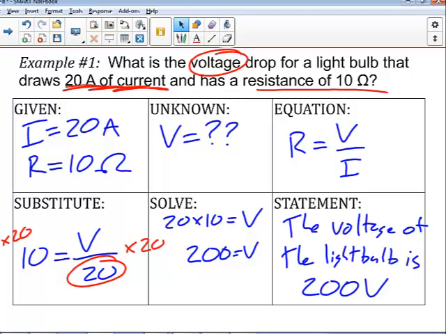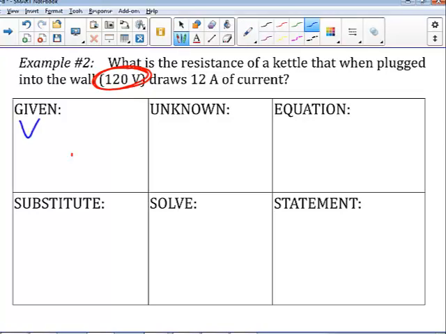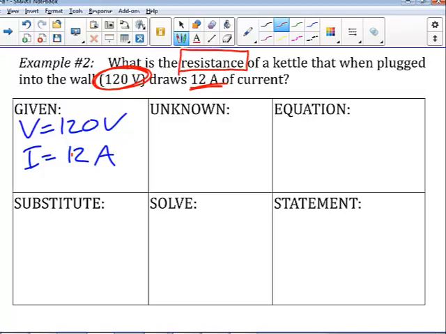So let's try one more example as a group. What is the resistance of the kettle that when plugged into the wall draws 12 amps of current? Well, what information are we given? We're given that the kettle uses 120 volts. So let's list that as our piece of information. And we're also told that it draws 12 amps of current. So let's also list that down. What are we looking for in this question? We're looking for the resistance of the circuit.